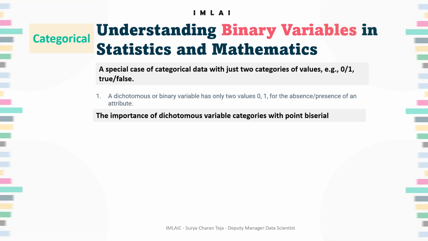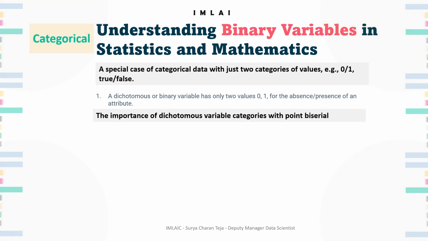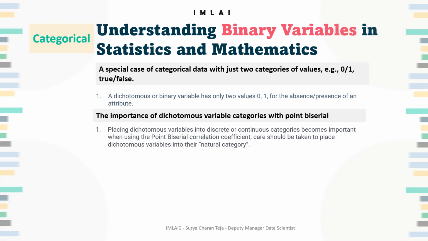So the importance of dichotomous variable categories with point biserial: placing the dichotomous variables into discrete or continuous categories becomes important when using the point biserial correlation coefficient. Care should be taken to place dichotomous variables into their natural category.